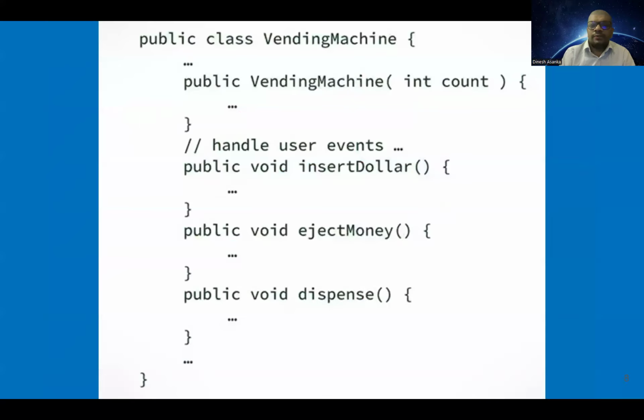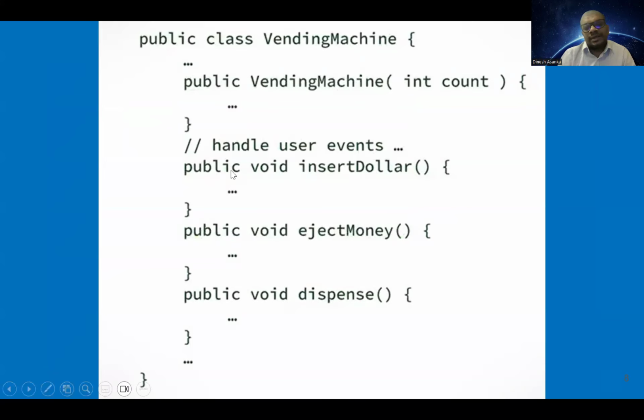The vending machine class will have a constructor called VendingMachine, with an input parameter: when you are creating the object, you need to say how many items are there. Quantity should be provided.